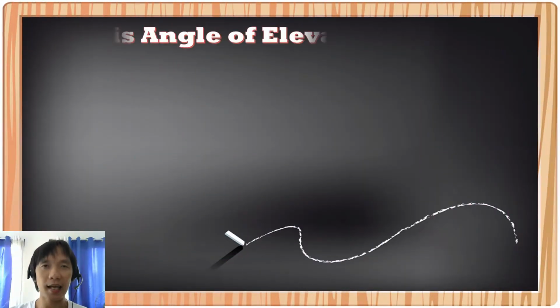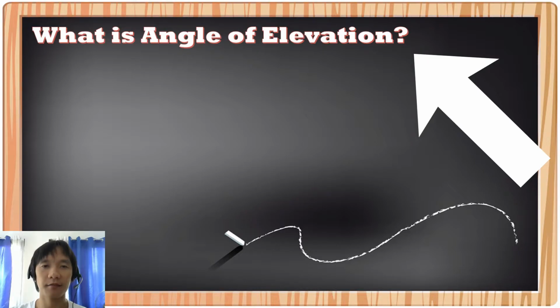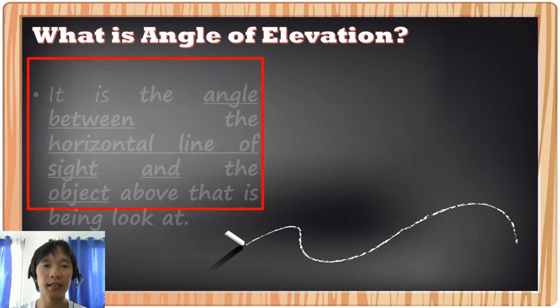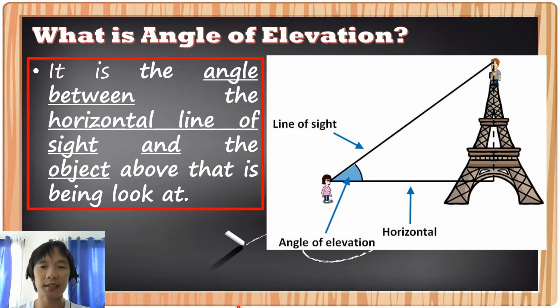So first, let us define what is angle of elevation. Angle of elevation states that it is the angle between the horizontal line of sight and the object above that is being looked at. So here we have an illustration.